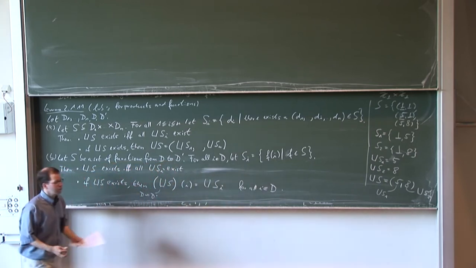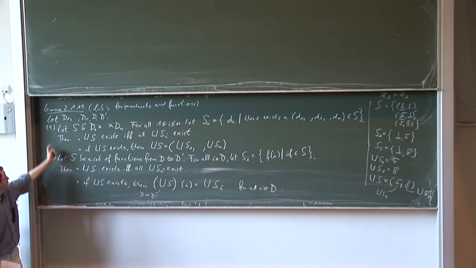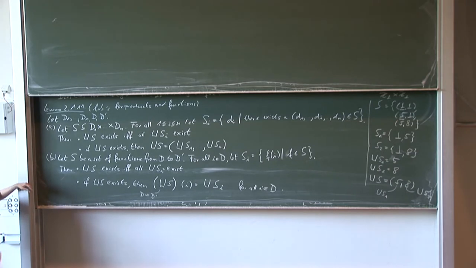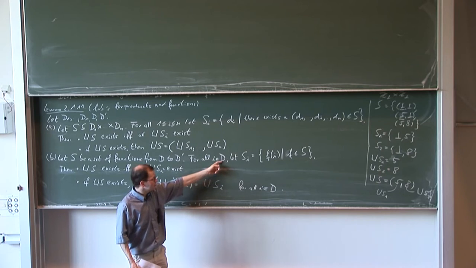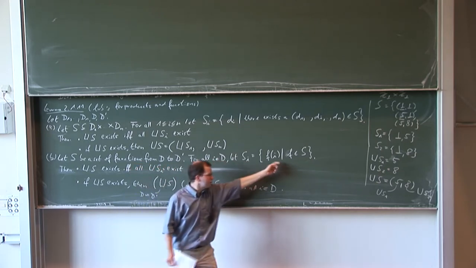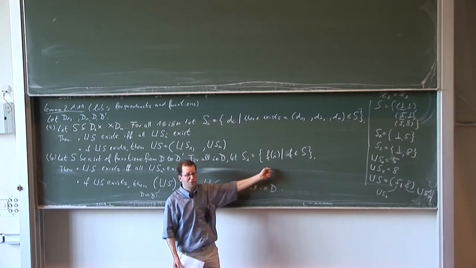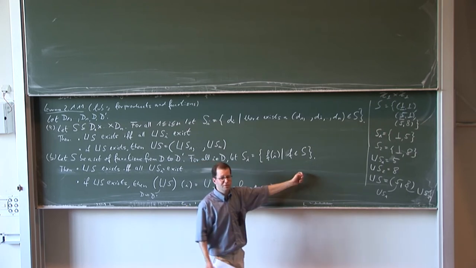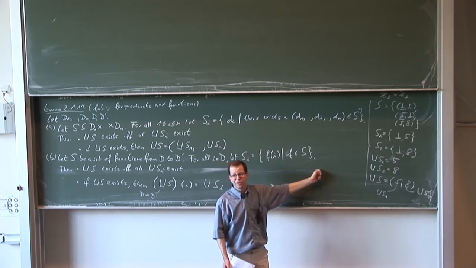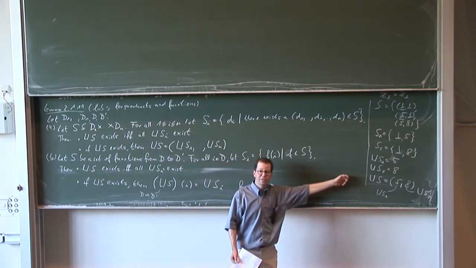So if you look at this closely, you can see that the difference between A and B is very minor. A function is simply like a tuple, but it can be an infinite tuple. So for every element of D, we have one component. If D is Z or Z bottom, you can read this as an infinite tuple where the first component is the function value on bottom, the second one is the function value on 0, the third one is the function value on 1, the next one is function value on 2, function value on 3, and so on.